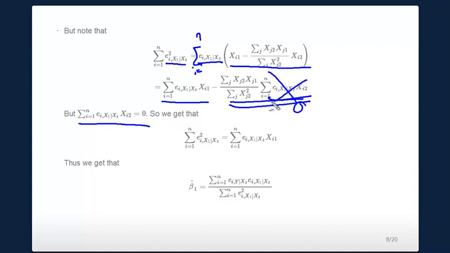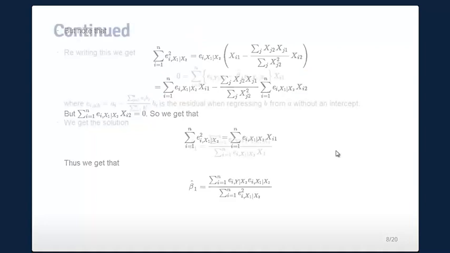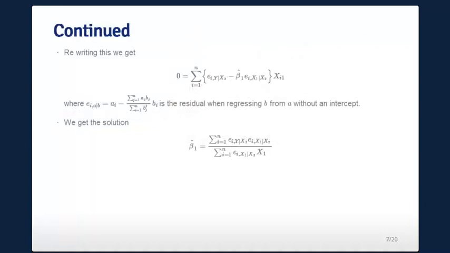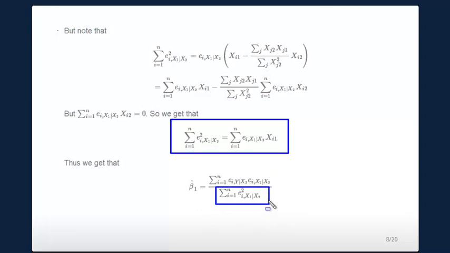So what we get, just plugging into the equation, is that this guy right here is equal to the summation of the residuals times xi1. And so going back, we can replace this denominator right here by this equation.